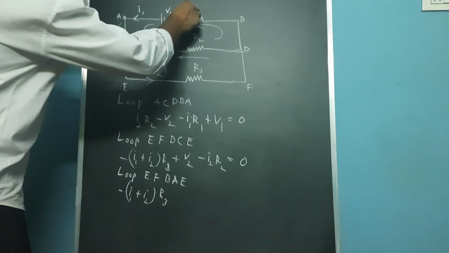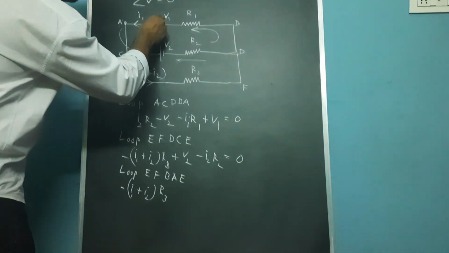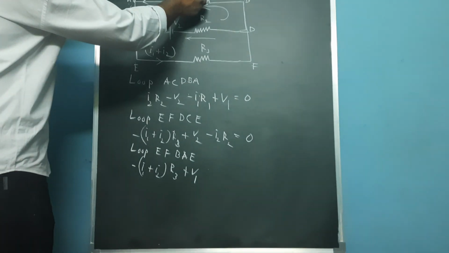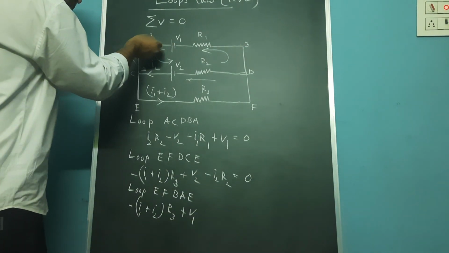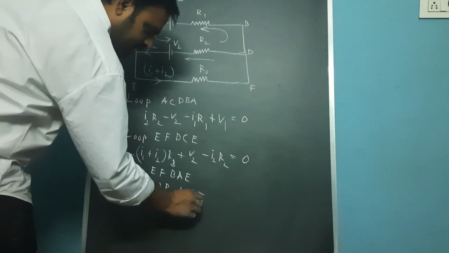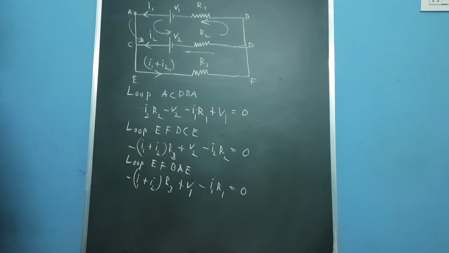Next, come to here. What about the potential here? Negative to positive, so we have to take positive sign V1. Next, the current is coming along with us, so we have to take minus. So minus I1 R1 is equal to 0.